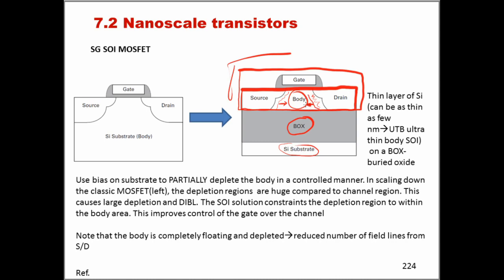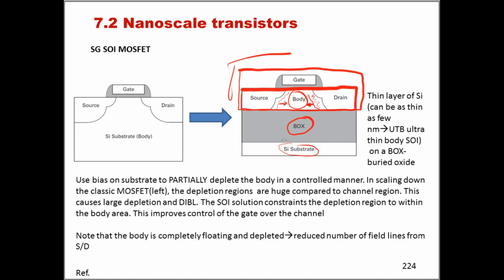So there is now a force, very simply a Coulombic force, that is contrasting the depletion regions that would like to extend well within the channel area. And so this also is helping keep the gate in control of the channel.